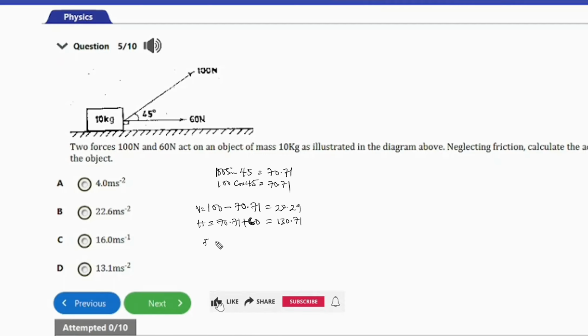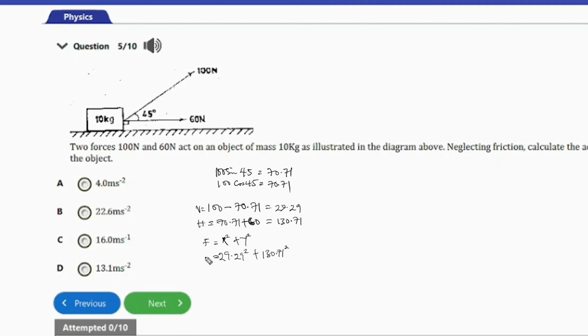So in this case, the resultant force z squared is equal to x squared plus y squared, using the Pythagoras formula.